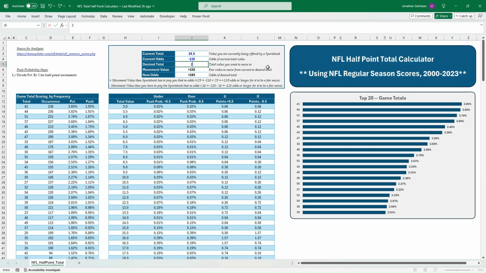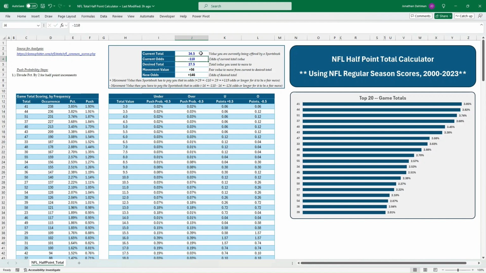It's very dynamic. You can put in some really large movement swings, and I feel confident that there's not a whole lot of transparency on half point values out there on the internet, and there's definitely not one that I've found that you can use to move more than a half point or a whole point. So this gives you a lot of flexibility to look at big line movements.